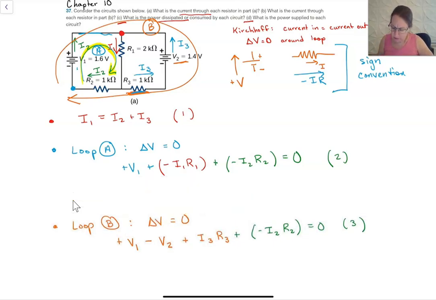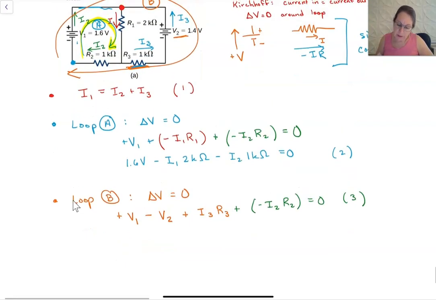Okay, so I have 3 equations and 3 unknowns, although it's not obvious I have 3 unknowns. So I'm going to put some numbers in here just so I can keep track of what's going on. So V1, I've got 1.6 volts minus I1 R1, which is 2 kiloohms, minus I2 times 1 kiloohm is equal to 0. So that's my new equation 2.